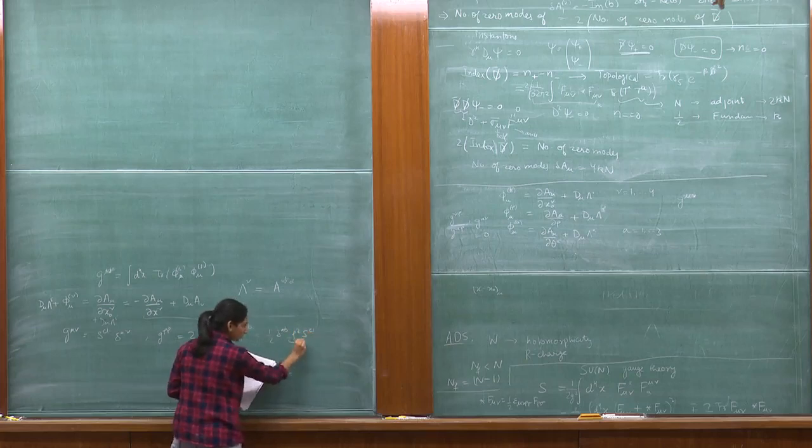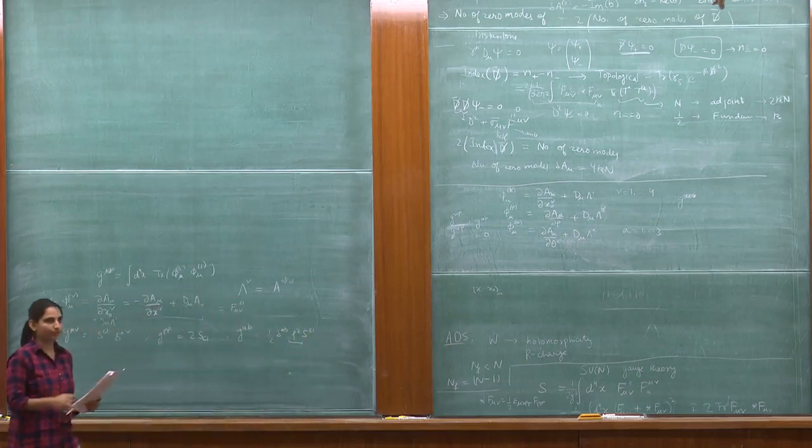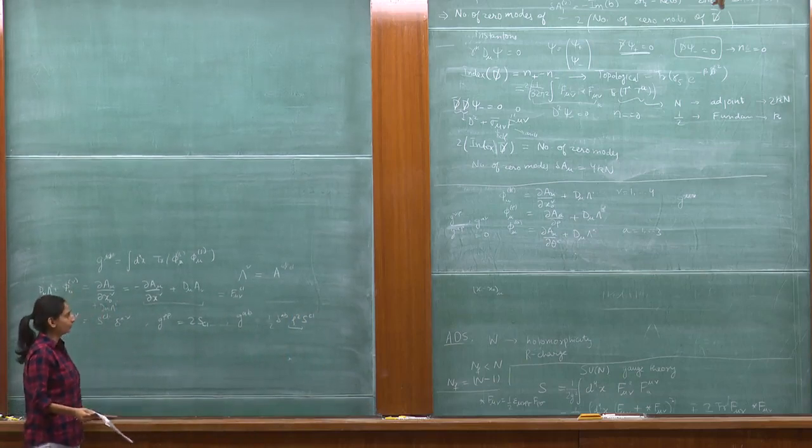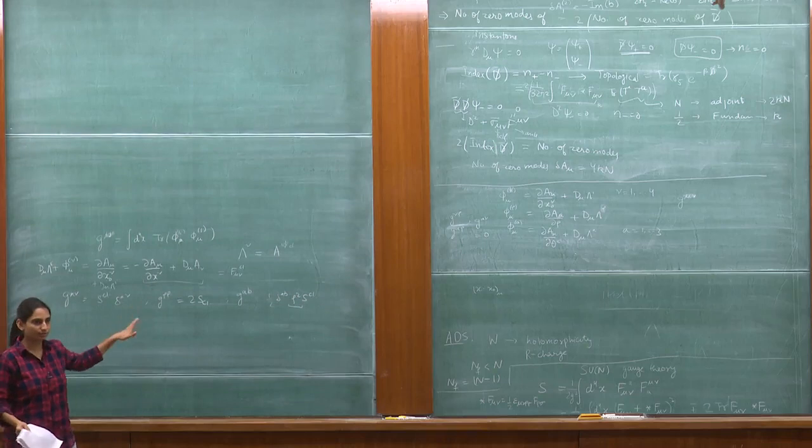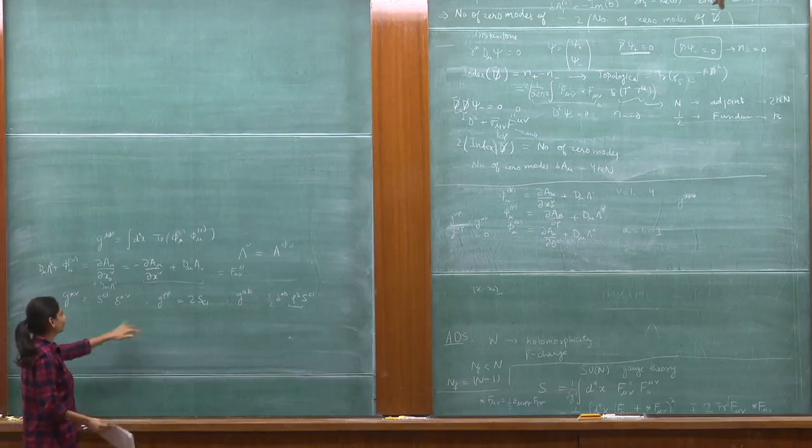Actually, this rho squared is important because this will come in the determinant. And all the cross terms are 0. Is it okay? Maybe yeah. All the cross terms are 0.